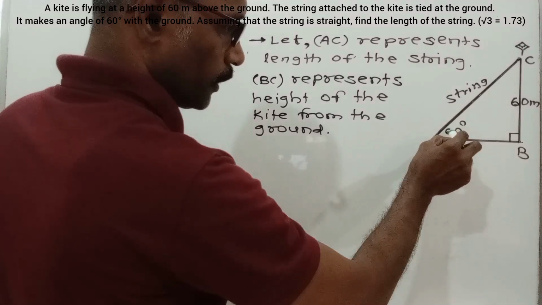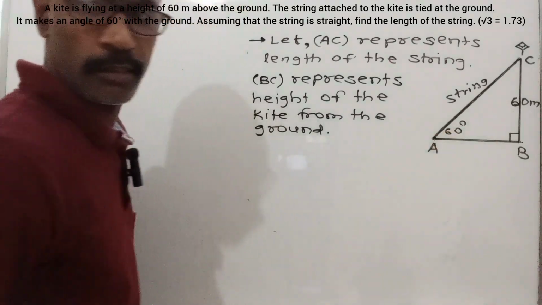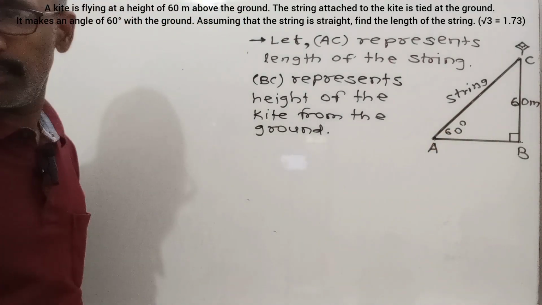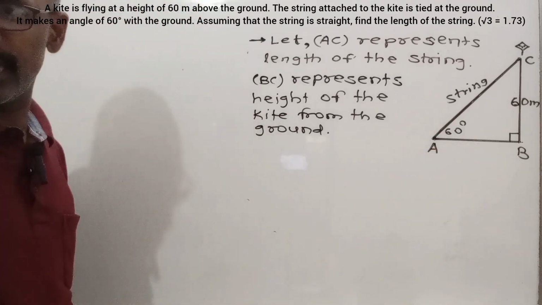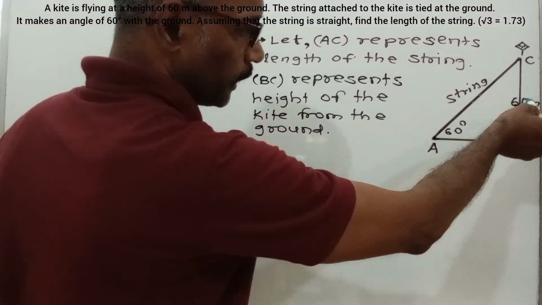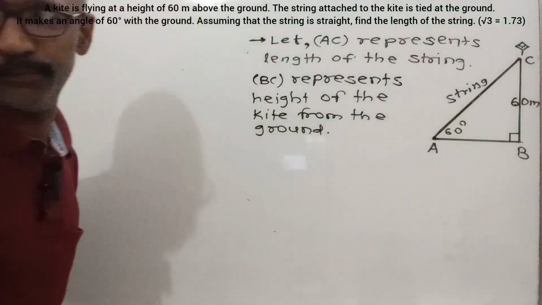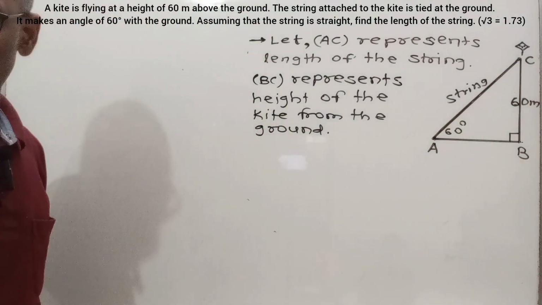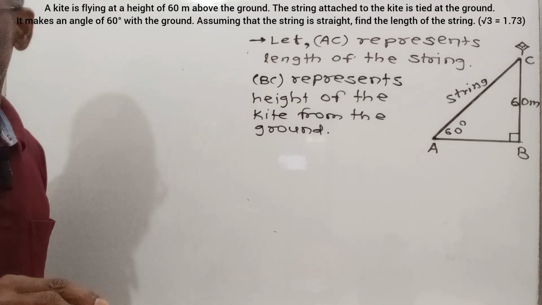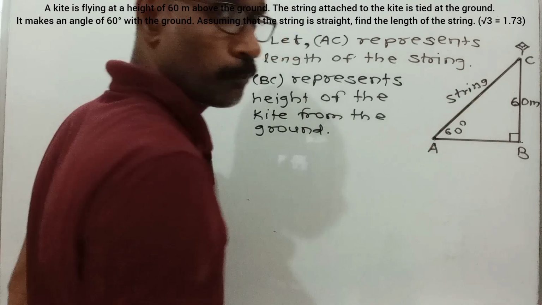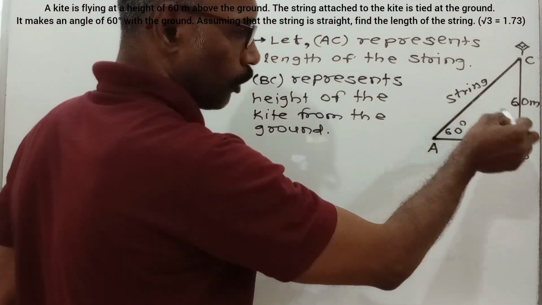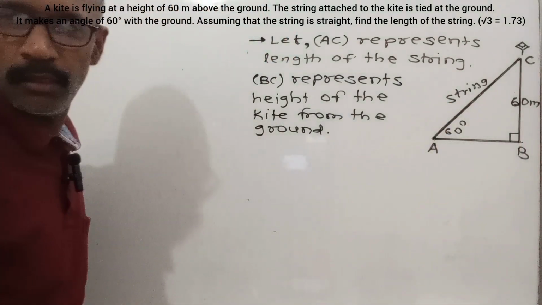Now, this angle is 60 degree, and that is given. Angle A, 60 degree, measure of it is given. Now we know the length of the opposite side of 60 degree, but we don't know the length of the hypotenuse, because this is the right angle.